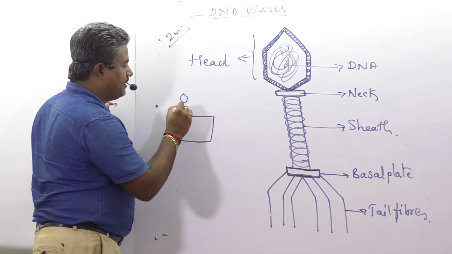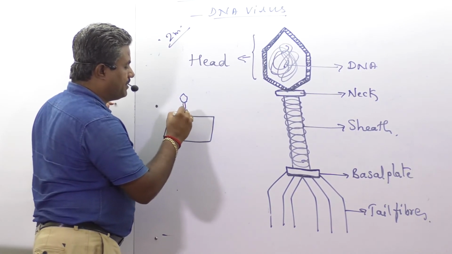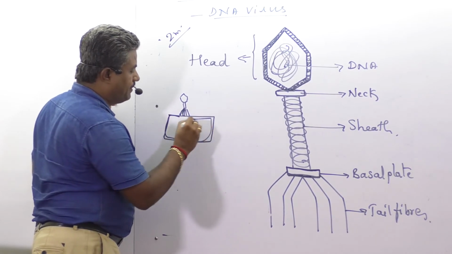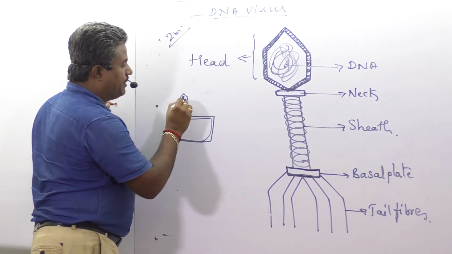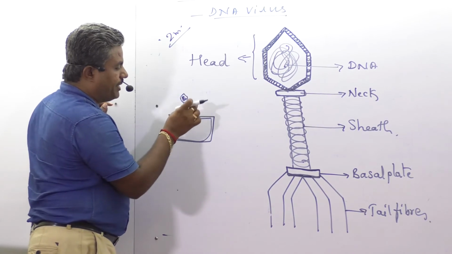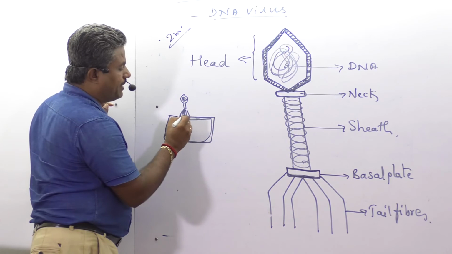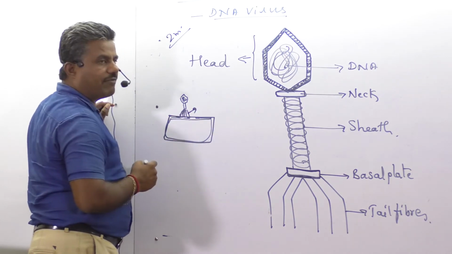So this is a bacteriophage. These are the tail fibers. This is bacteria. During reproduction, this bacteriophage attaches on the surface of the cell wall of bacteria with the help of tail fibers.